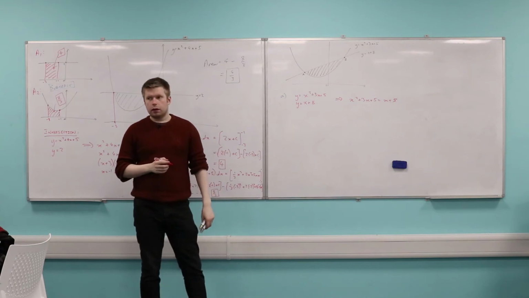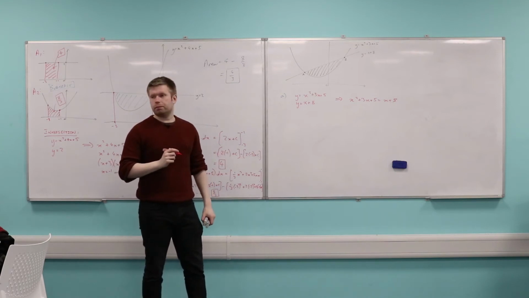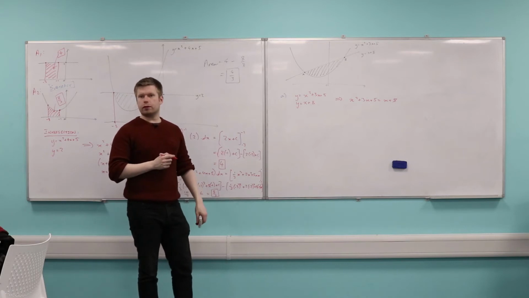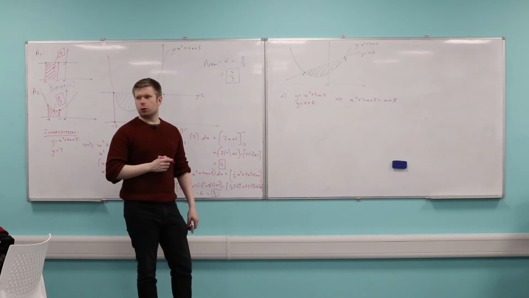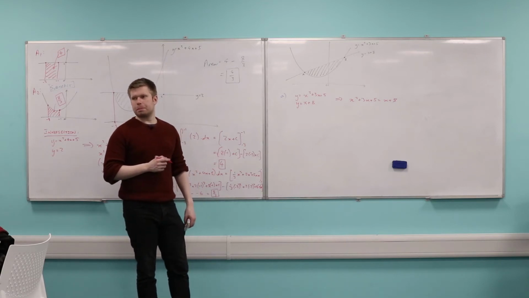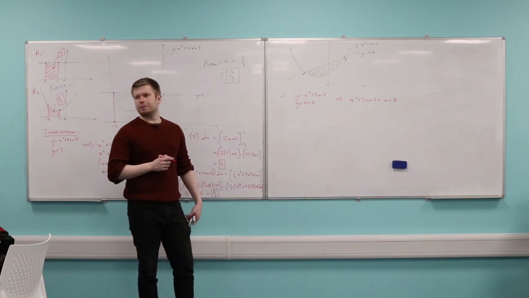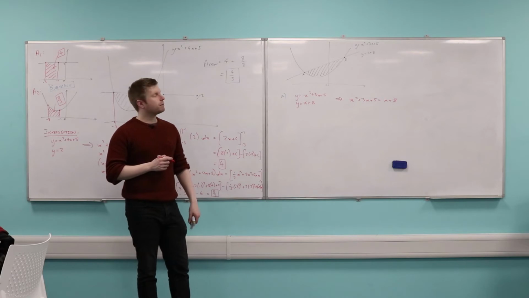So because we've got y's in both equations, I just need to make a substitution. Okay? What type of equation is this, York? Begins with a Q. A qua. What type of equation is it? Yeah, absolutely.